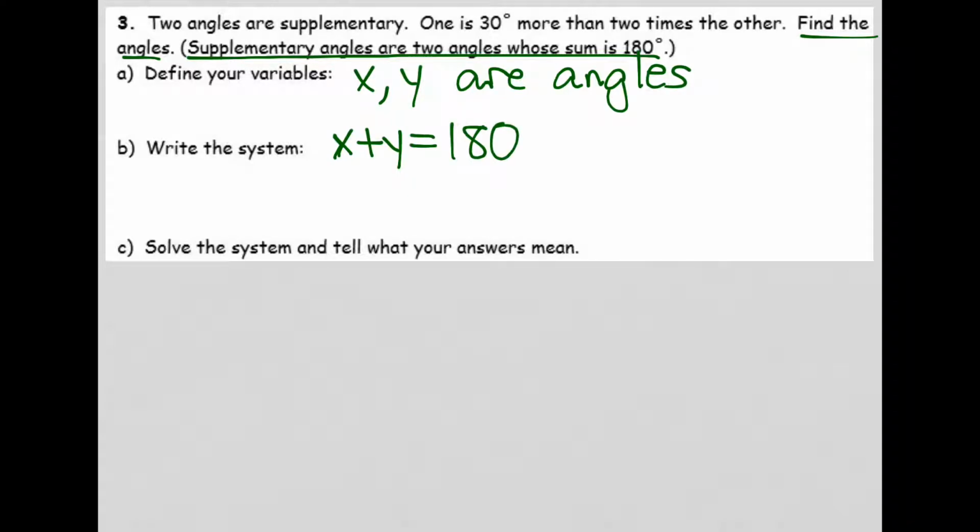So many of you guys couldn't process this concept on the equations test, the first one of the year. If they're supplementary, then you add them together and make it equal to 180. This angle plus that angle equals 180. Okay, what else do we know about them? Well, how about this equation? One angle is 30 more than 2 times the other angle.